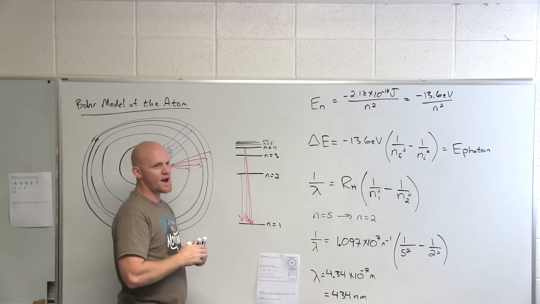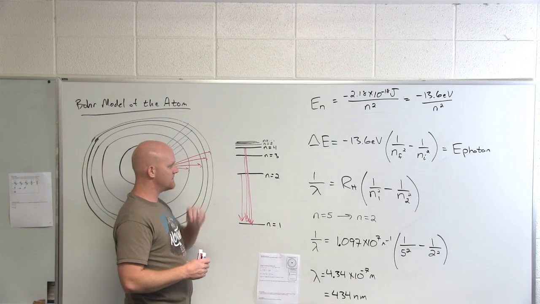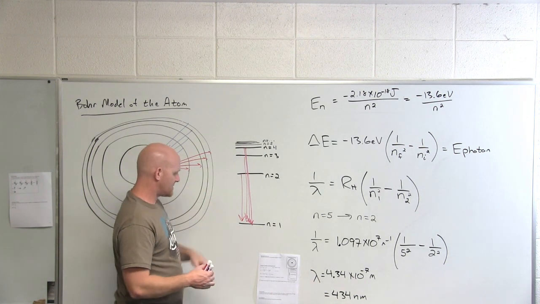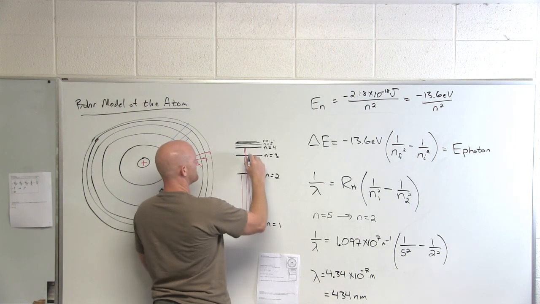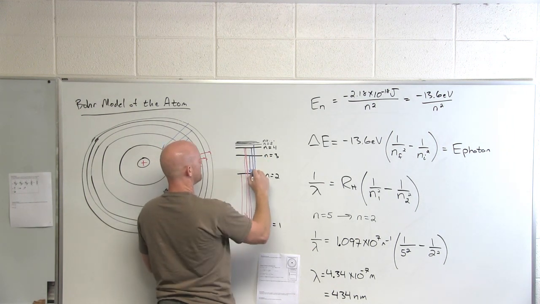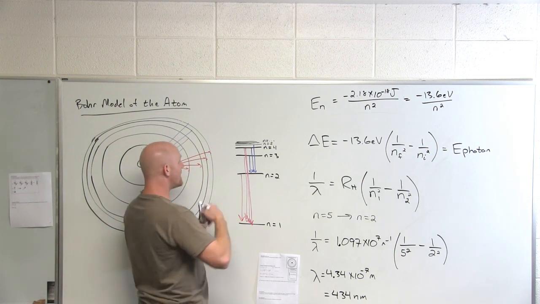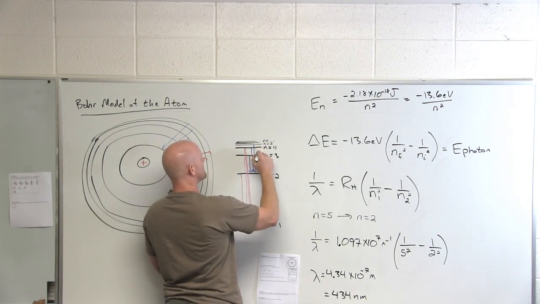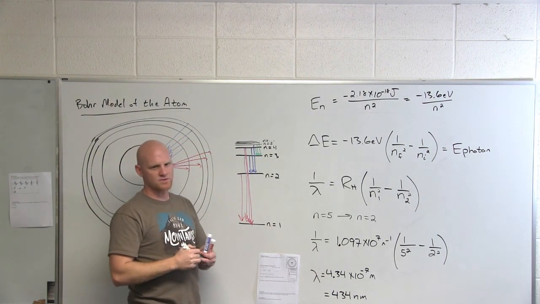And so you get a variety of different wavelengths of light being emitted by dropping down to shell number 1. Now you could have also dropped down to shell number 2, and you get a different set of wavelengths in that series. You might have dropped down to shell 3 instead, and yet again, you get a different set of wavelengths associated with that. And each one of these was referred to as a series.